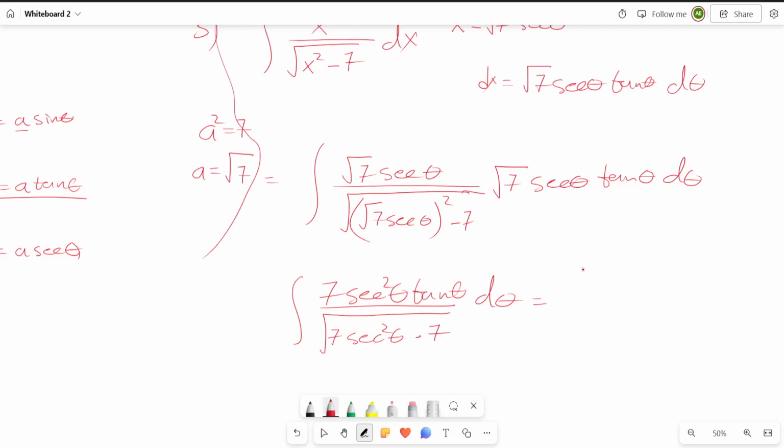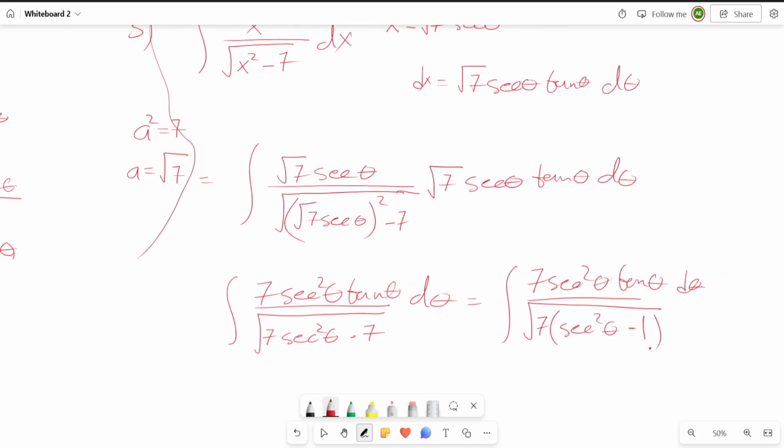So this allows me to write this as taking a 7 out. So taking a 7 out of this, this becomes integration of 7 secant squared theta tan theta d theta over square root. If I take a 7 out, it becomes secant squared theta minus 1, right? And over here, what is secant squared theta minus 1?